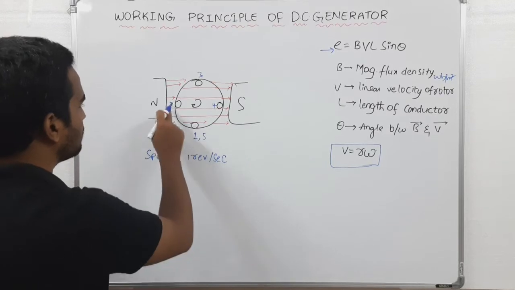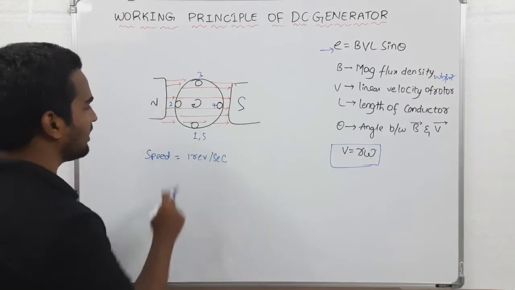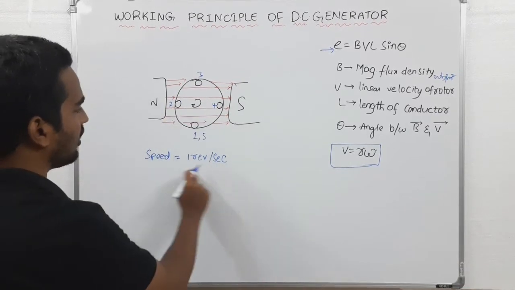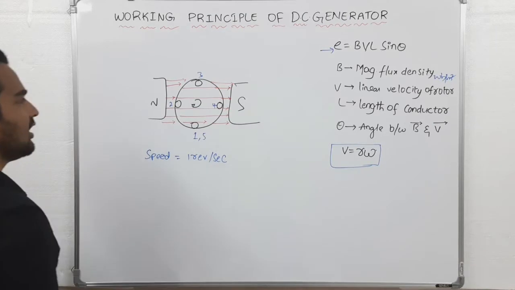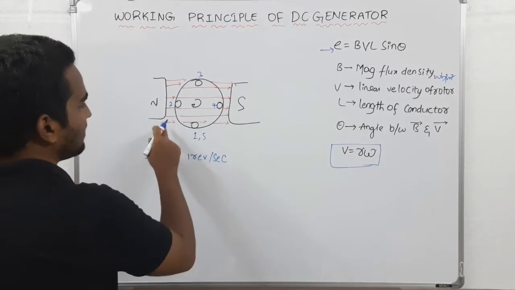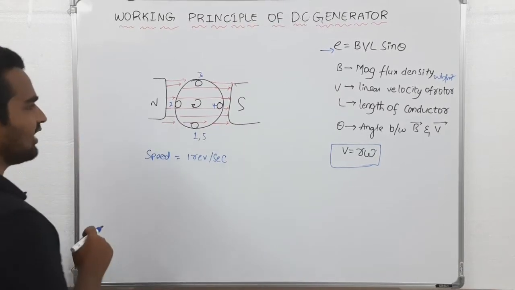So 1, 2, 3, 4 and 5 are the different positions of this conductor in one second. The lines which are red in color are flux lines.